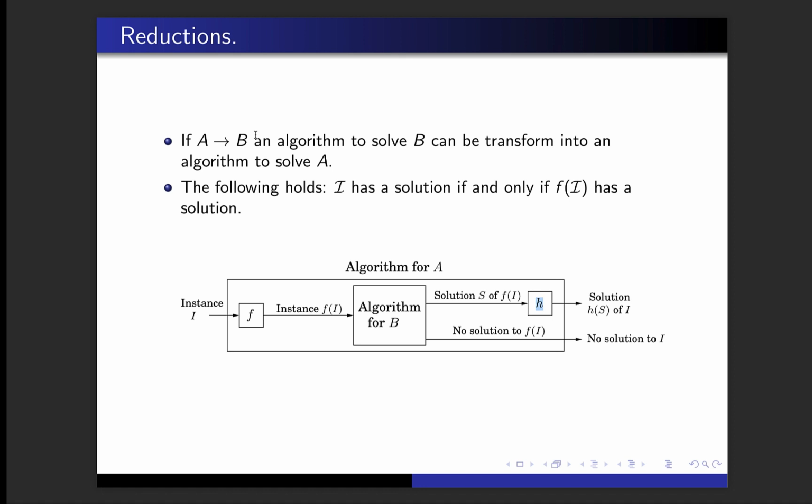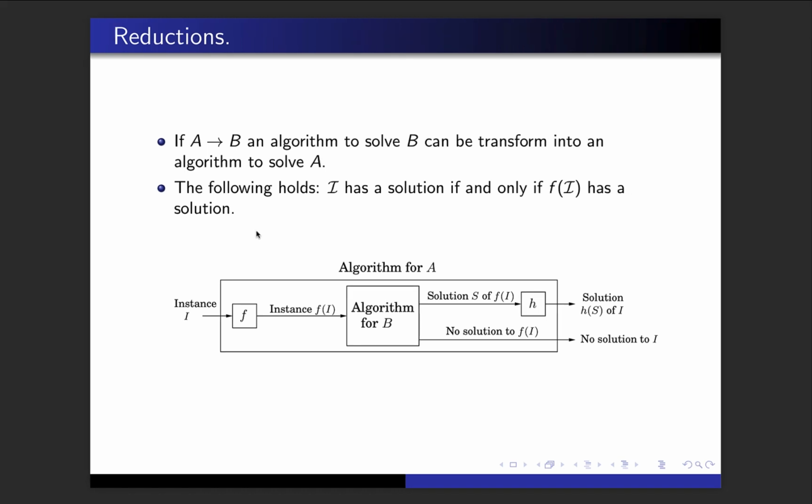We're going to spend the next few days talking about how to find reductions, and this will be the key to identify problems that are going to be very hard. Now imagine that you find a problem B such that every other problem reduces to it.